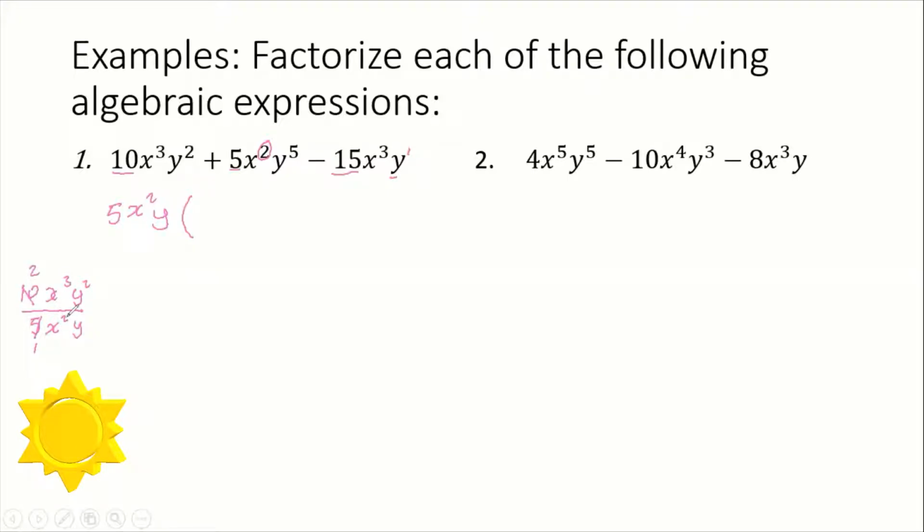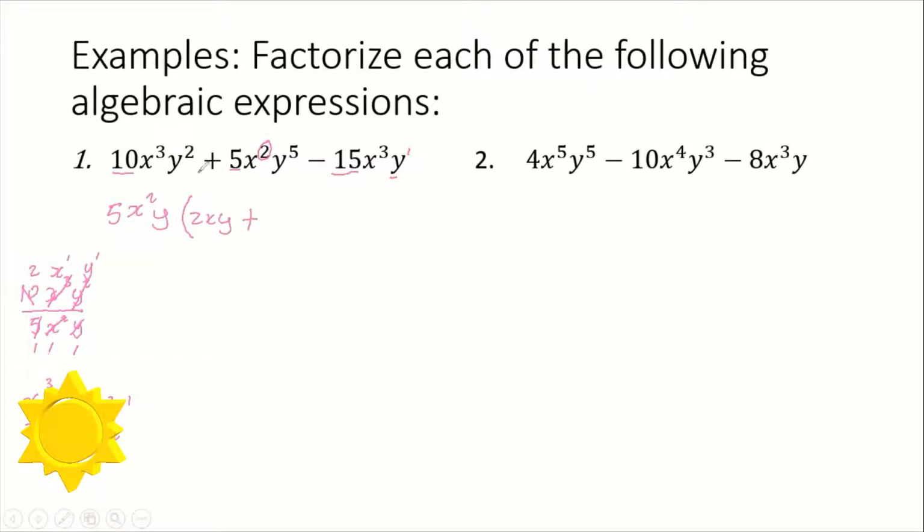X squared into x squared, that's 1, and x squared into x to the third, that will give us x to the first power. Y into y, that's 1, and y into y squared, that would give us y to the first power. So the quotient here would be 2xy. So we're going to write it inside of the bracket. So it would be 2xy. Then we're going to put back our operation sign, which is plus.